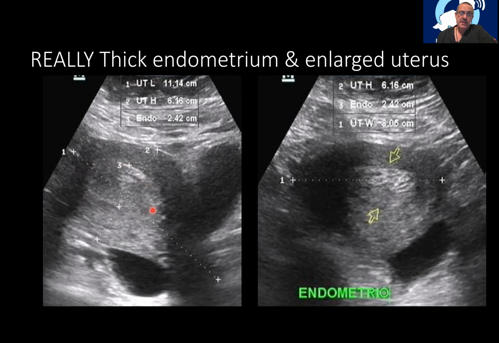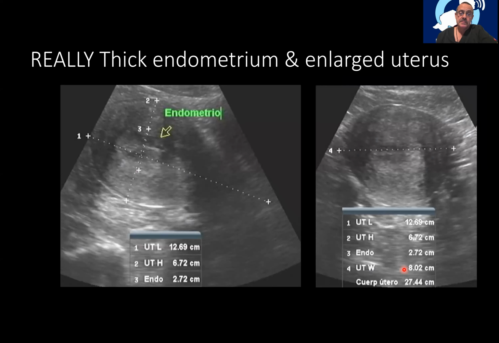This is the endometrium. It's very complex and really thick. Some free fluid. Really thick endometrium. An enlarged uterus, almost 13 centimeters.